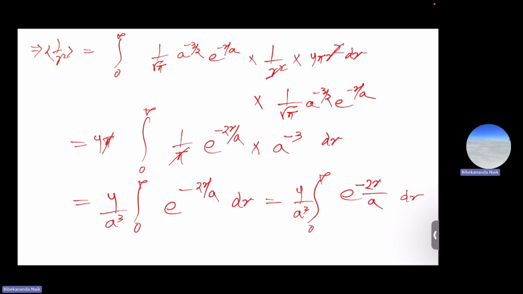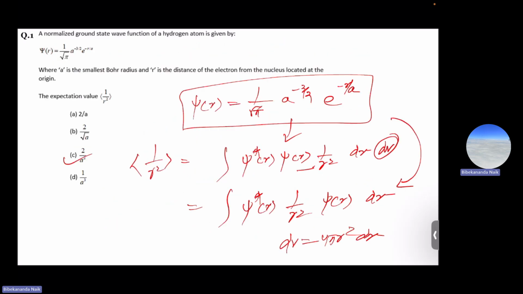So the correct option is option C, 2 by a square. So the expectation value of the quantity 1 by r square for hydrogen in its ground state, for this ground state wave function, will be 2 by a square. I hope this is clear to everyone.